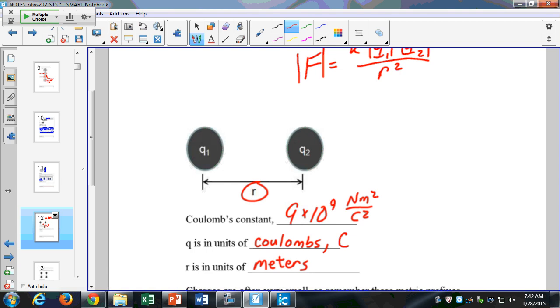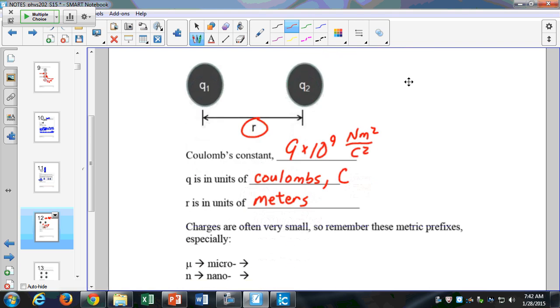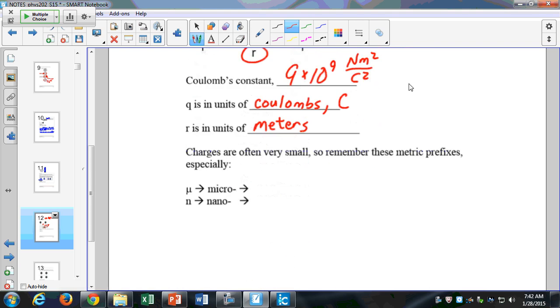Centi is 10 to the -2. So don't forget those metric prefixes. You're responsible for them. You'll need to know the others as well, but those will come up a lot as we're dealing with charges, especially the micro and nano. Lowercase c, just like in centimeter.